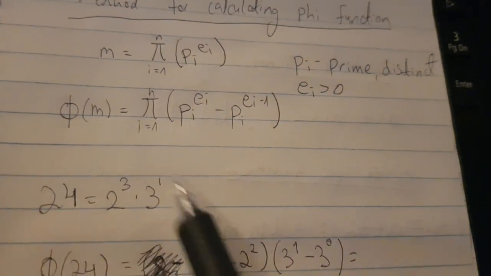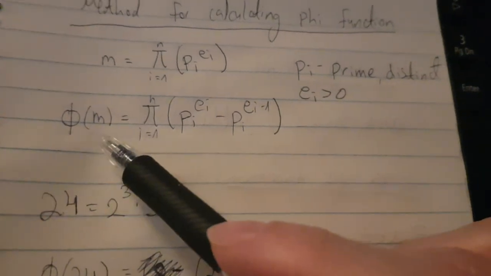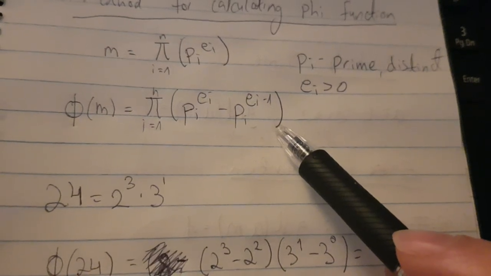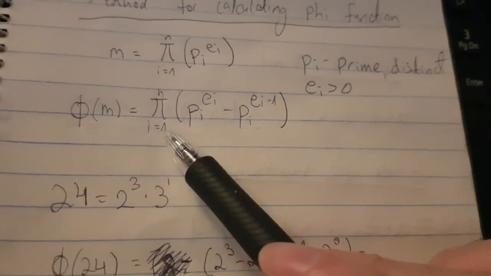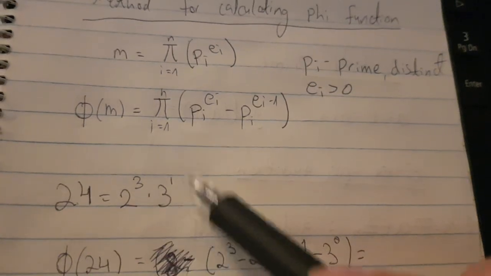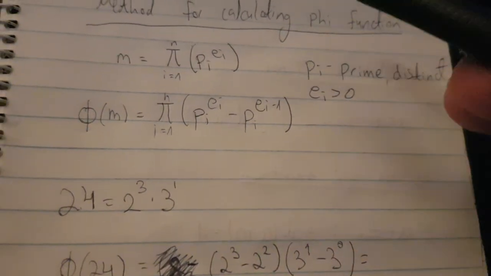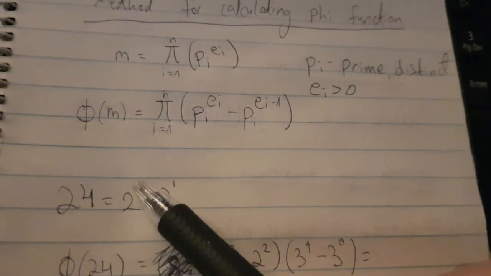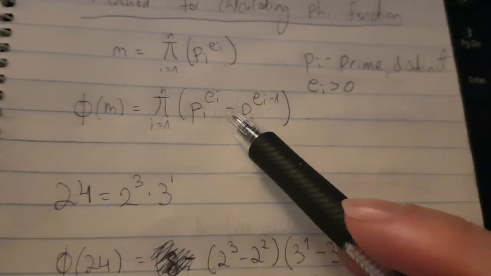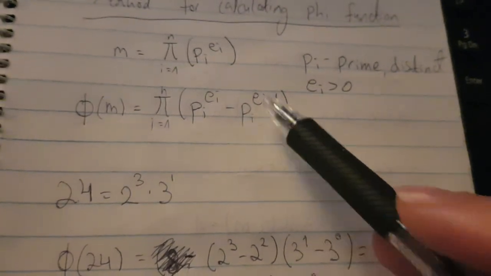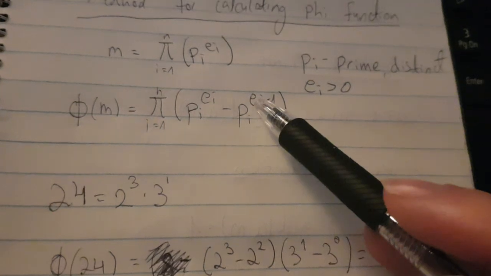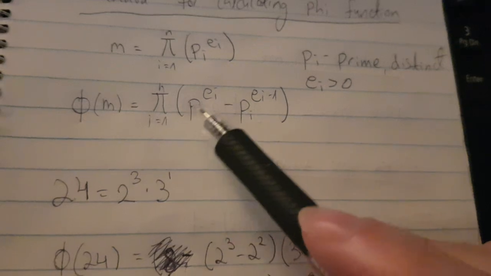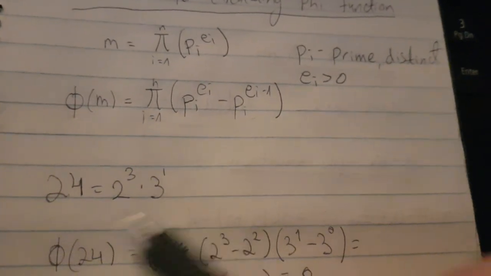Now, after I did this, I can calculate the Euler phi function of m by applying this formula, which states that I need to take each prime number in this composition, take it to its power, and subtract the same number to the power of e_i minus 1, and multiply for each prime number of the composition.